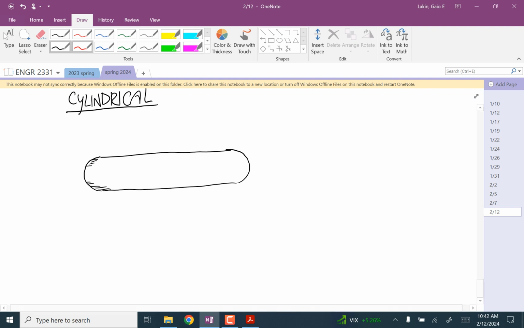So we can separate this into the end pieces and the middle piece. And we're going to assume, if we call this L, and these end pieces have a radius... let's not use R. Let's call that little l. We're going to assume that L is a lot bigger than little l.